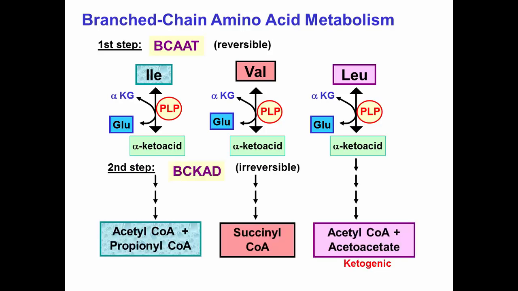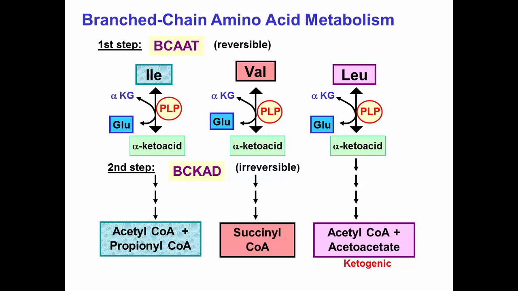The second step that can happen is the branch chain keto acid dehydrogenase reaction. I was just going to say that this BCAAT activity is primarily in the muscle. It's both in the cytosol and the mitochondria, so it's kind of pervasive.